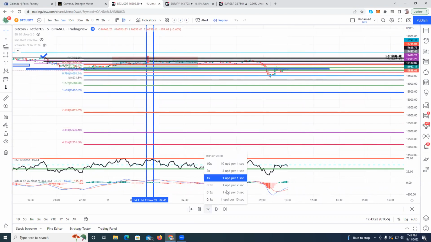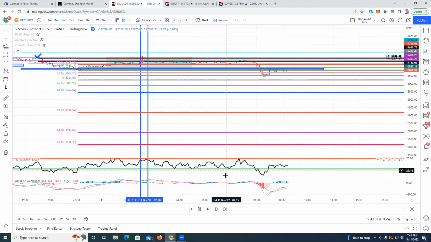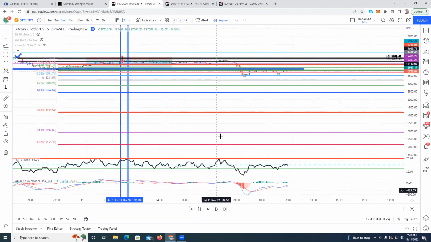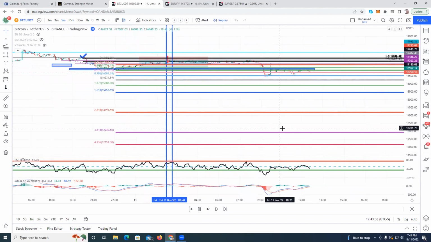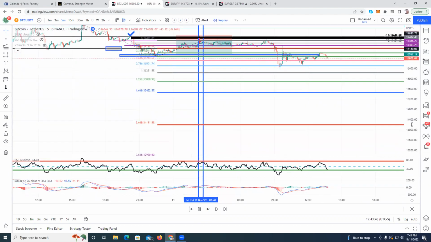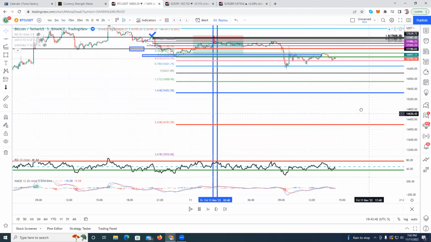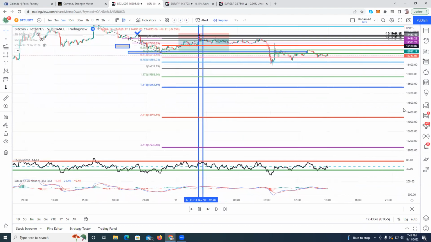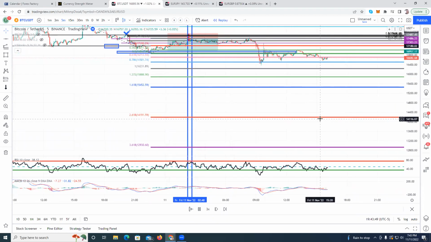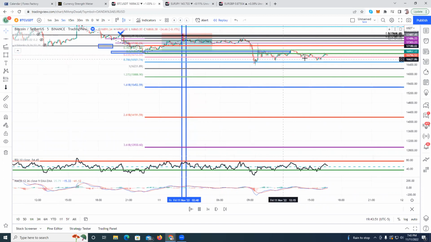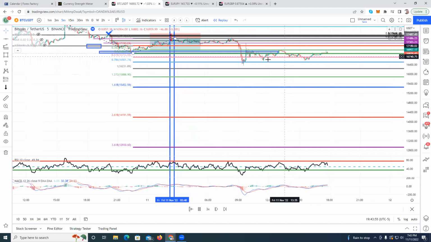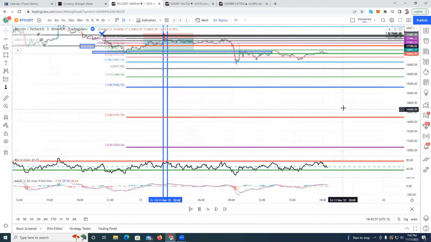Let me speed it up though. So we're not really breaking new lows yet. So we're cautiously optimistic. If your trade already hit take profit, obviously, but if you were still in the trade, I'm just curious to see if price does push down here.